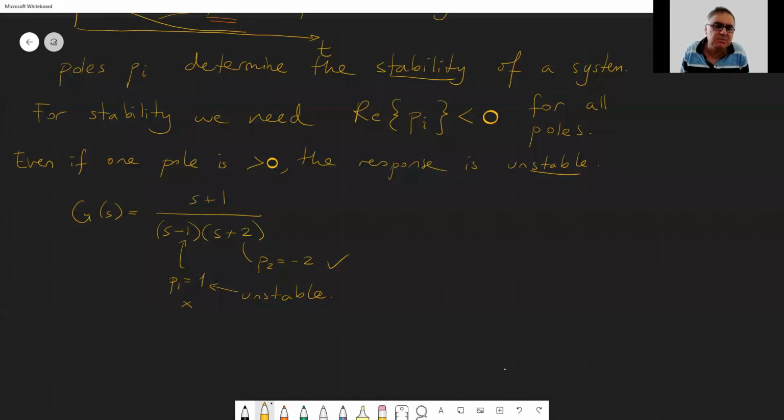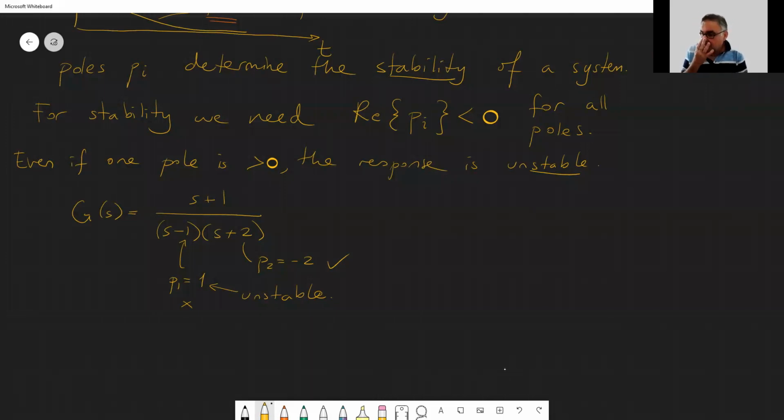Well, that system's stability depends on your definition. If you want a bounded output, the system is not stable, okay? You can call it unstable because the output is not going to be bounded if you have a step input to that system.